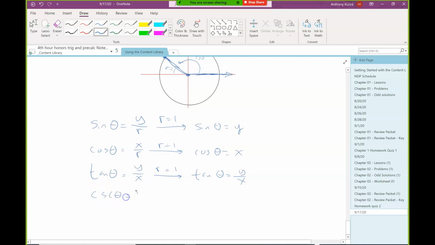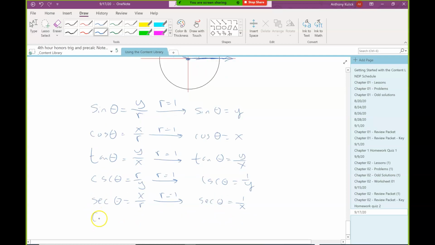Cosecant, but if r is always going to be 1, we have that cosecant is 1 over y. And secant is x over r. But if r is always going to equal 1, secant is 1 over x. And cotangent was x over y.